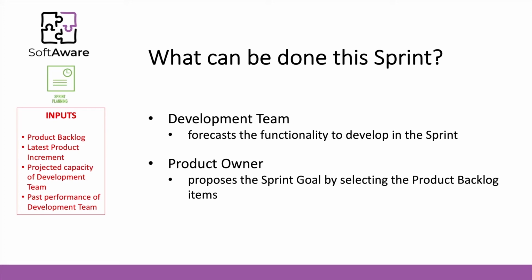And then you have two metrics: the projected capacity of your development team, so what your team has already shown that it was able to produce, and the past performance of the development team, what exactly was the velocity of the items that were developed. As output of the sprint planning, we have the sprint goal. This leads the entire Scrum team to know what should happen inside of each sprint.